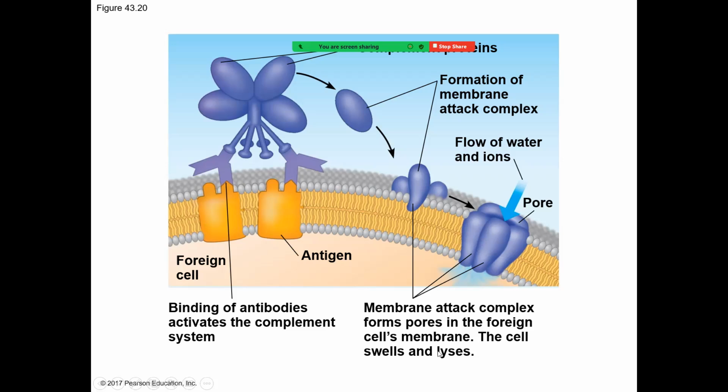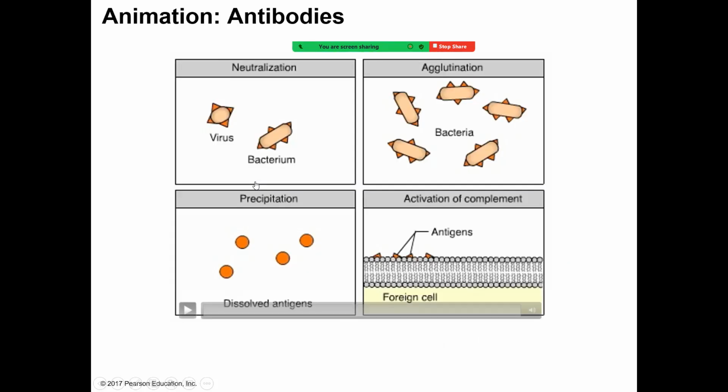So the complement system ultimately creates a membrane attack complex pore, which is what this is here. When that bacterial cell is busted open or lysed, of course, it's dead at that point, which is the whole goal.